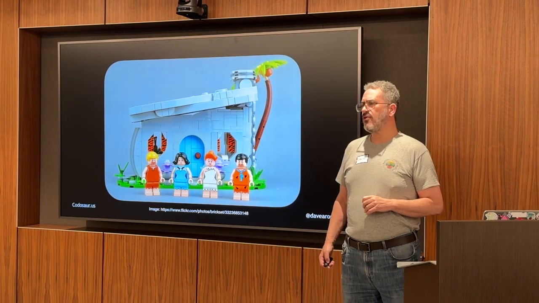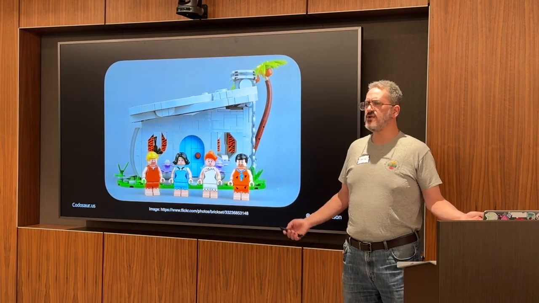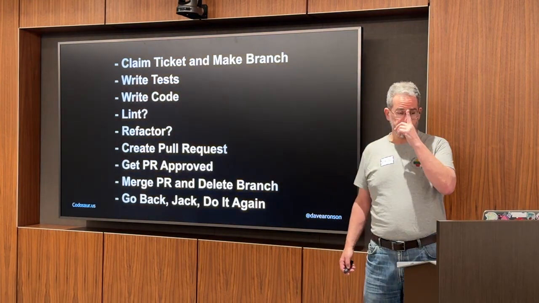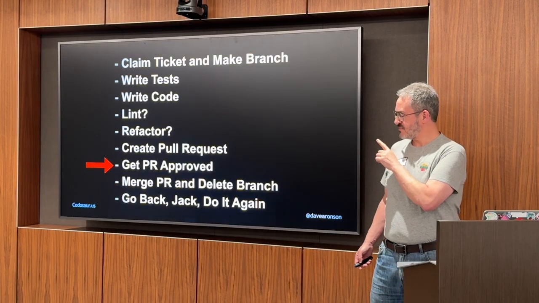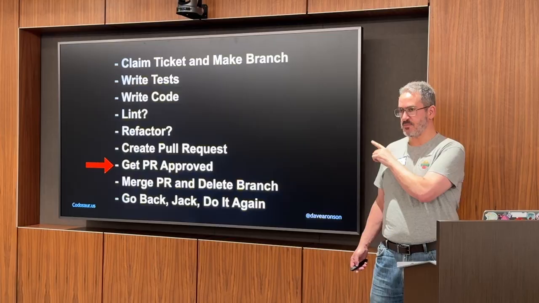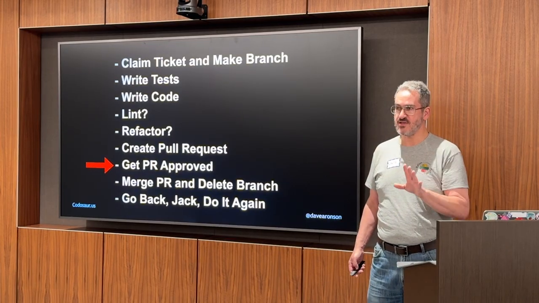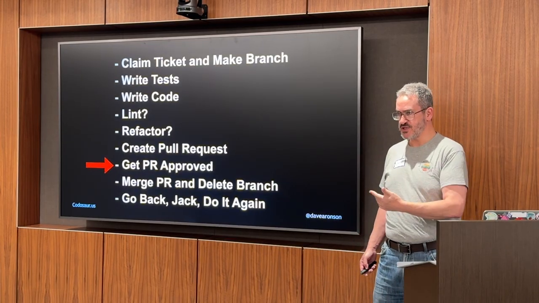Second, a more practical question. Where should we fit it in our development process? Mainly, I think it belongs at least here in the stage of getting your pull request, or whatever your process uses, approved to merge into the main branch.